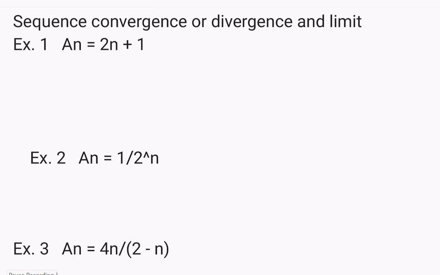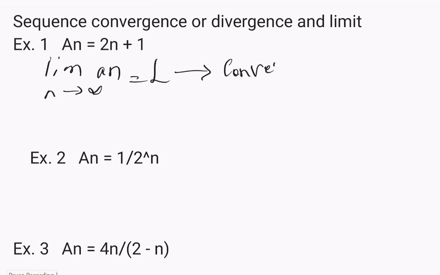It means that if the limit of a sub n as n approaches infinity equals a specific value like L, then the sequence converges. If it's not equal to a specific value, like infinity, minus infinity, and so on, then the sequence diverges. If it equals infinity, it diverges.